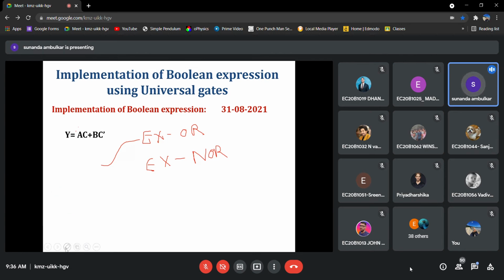What is the use of these different logic gates? We implement some logic. Why do we design those logics? Because our various applications require those logics to be implemented.